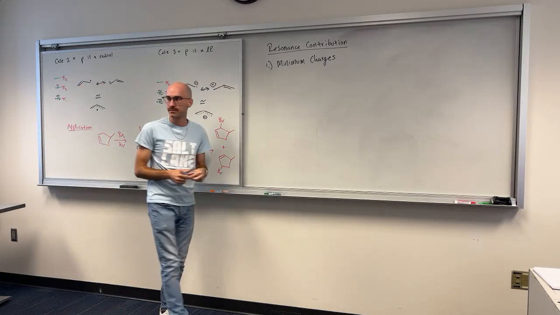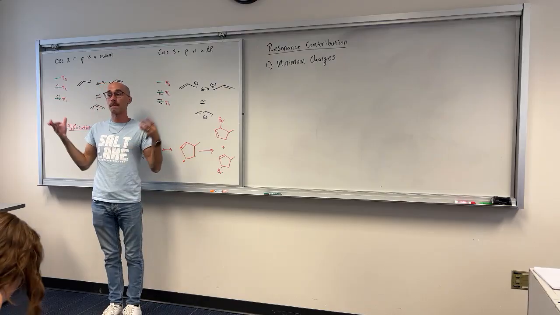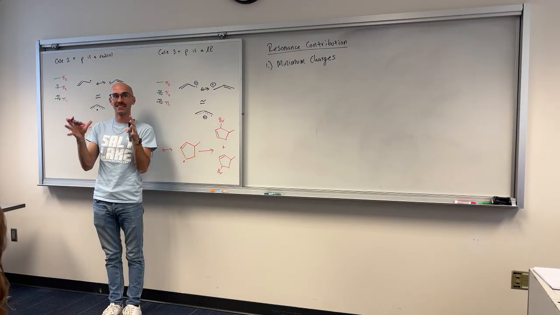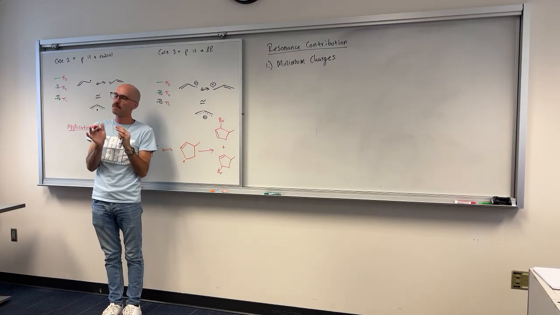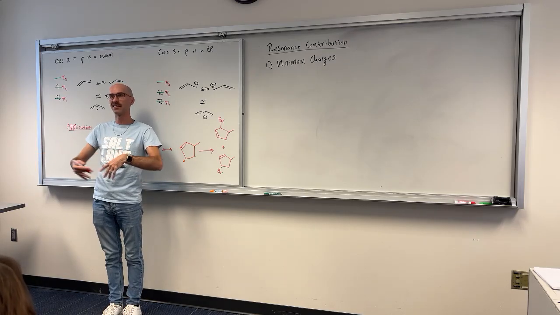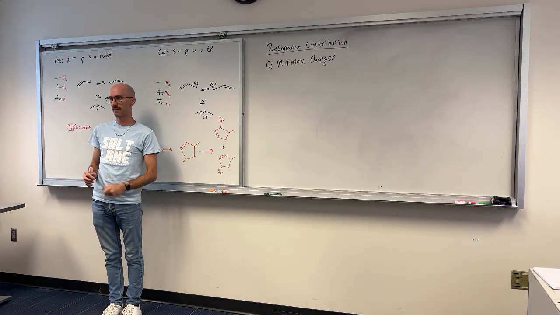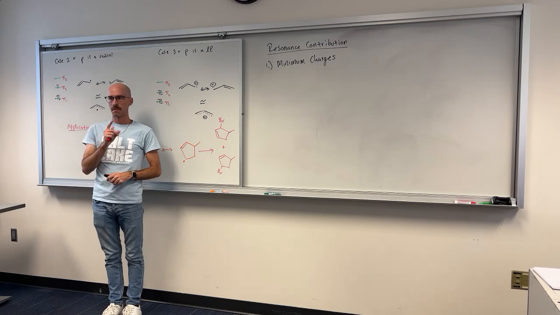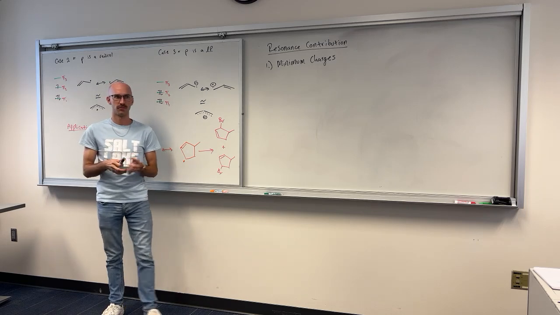Say that one time. A resonance form with maximum charges is the least major, the most minor resonance form. Contributes the least to the character of the compound. Number two.